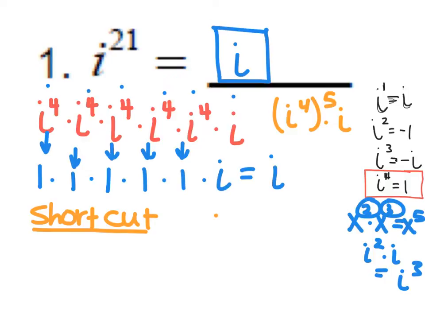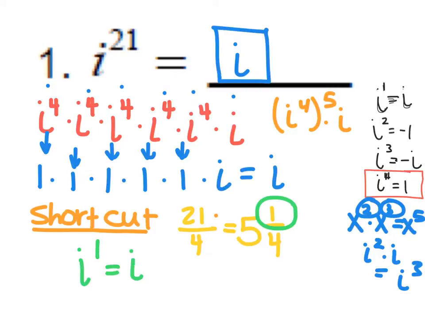If you take 21 and you divide it by 4, you can use a calculator or do this in your head. 21 divided by 4 is 5 and 1/4, or 5 with a remainder of 1. The remainder is the degree of your i in your answer. i to the first is just i.